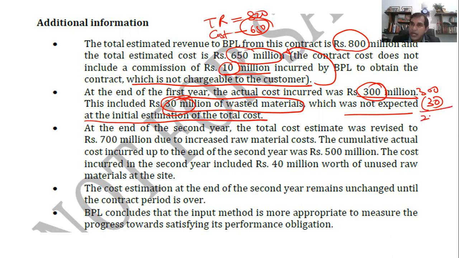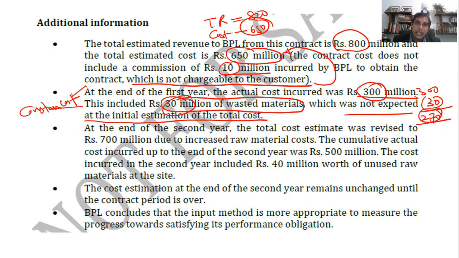So here 270 million is the real expense that you are going to take into consideration for this particular construction cost, right? Please keep that in your mind. The next one: at the end of the first year they have incurred 300, out of that 30 is abnormal loss. So without the abnormal wastage, the real expense for the project is 270 million.